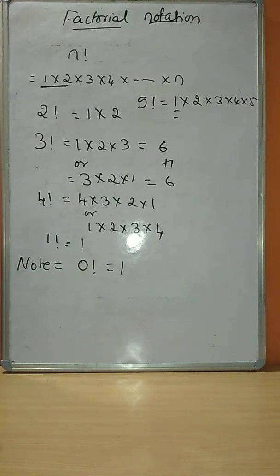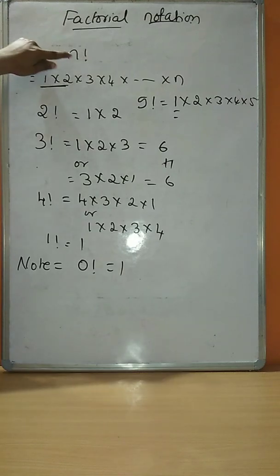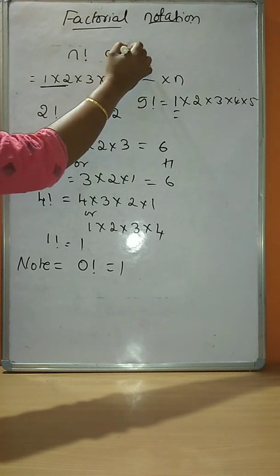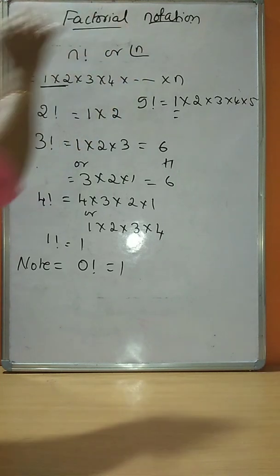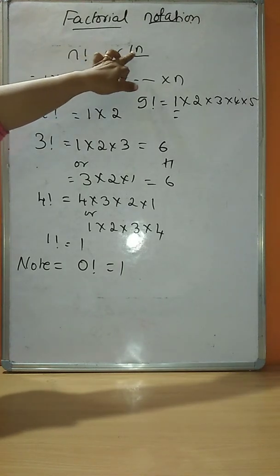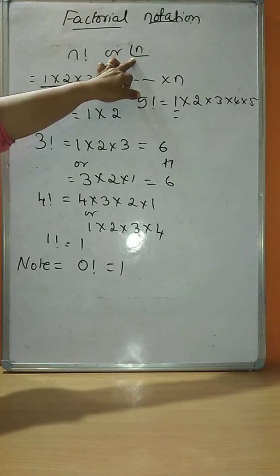We know how to write n factorial. Not only like this, it can also be written as factorial n. Either you can represent it in this form or in this form.